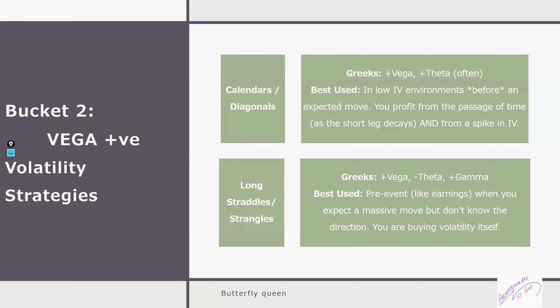So if the IV is low, let's say we know earnings are coming, in October, November. You could, 2-3 weeks before the earnings, say NVIDIA is having earnings on November 19th, maybe mid-October or just end of October, almost 3 weeks before, buy the November 21st option.